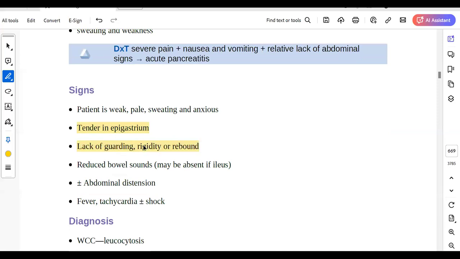Very important to understand this, because in acute pancreatitis the symptoms will look very severe, but when you examine the patient, there might not be much of a finding. Maybe a bit of tenderness in the epigastric region. Other than that, everything looks really good.